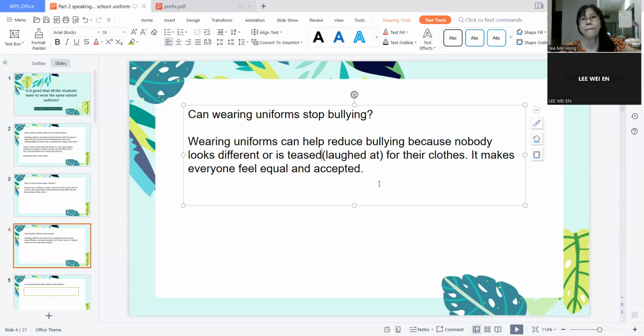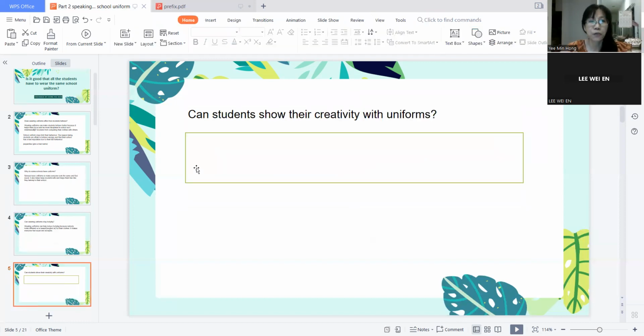If you wear your own clothes, some people are not coming from a well-to-do family. Probably they will be looked down on or teased due to their outfit. So having school uniform can minimize the chances of being bullied. All right.